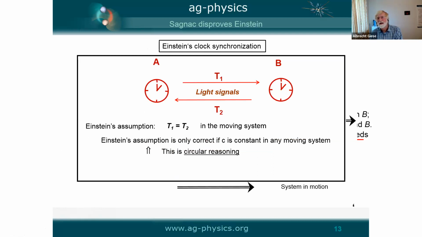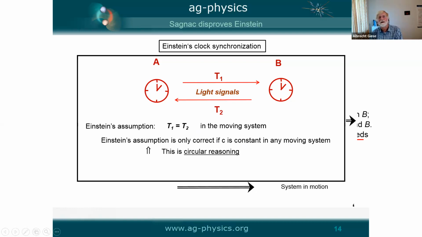Again, what Einstein does, just to make it clear: we have two clocks which have to be synchronized. The whole thing is moving, and we send a signal from A to B and a signal from B to A. And Einstein says we rely on the fact that T1 and T2 are both the same. This assumption of Einstein is only correct if c is constant in any moving system. And that now is circular reasoning. If you synchronize two clocks in this way, then you can measure any speed of light and you will always get the same value.